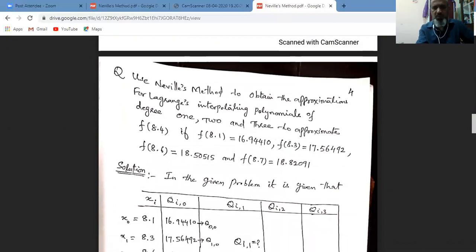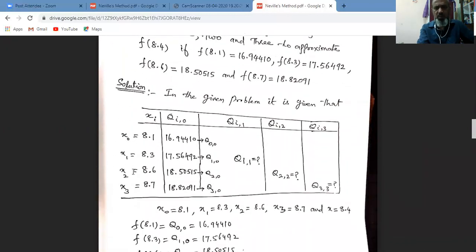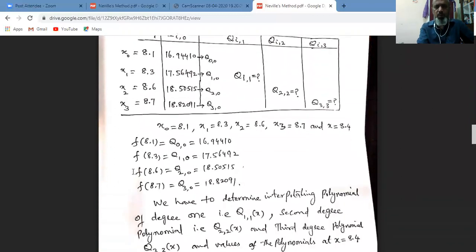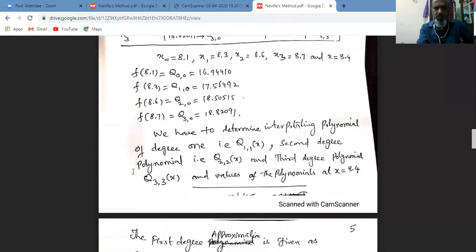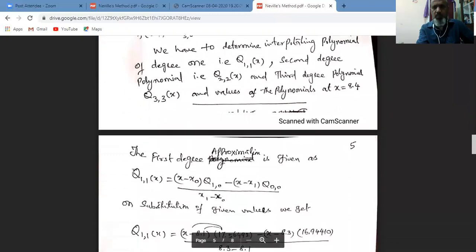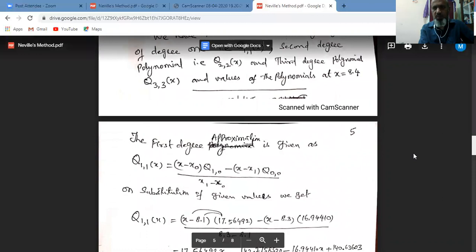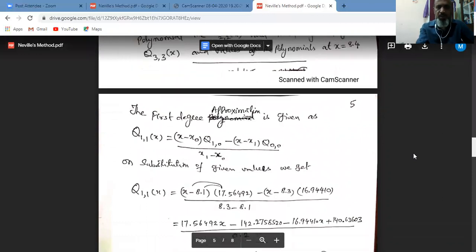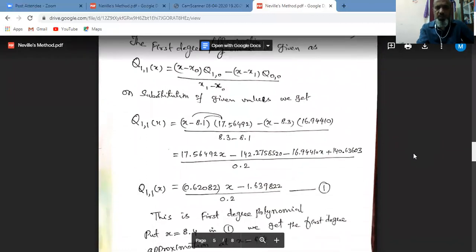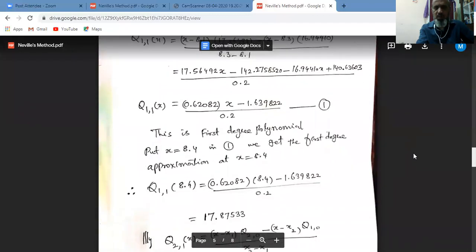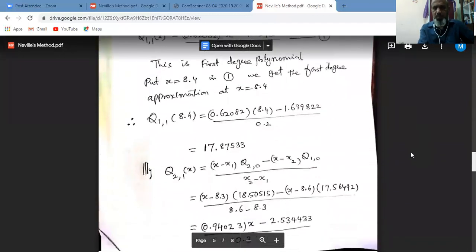This is very, very important from the examination point of view also. I hope you understood this method, and you can calculate the values and solve problems using Neville's algorithm.